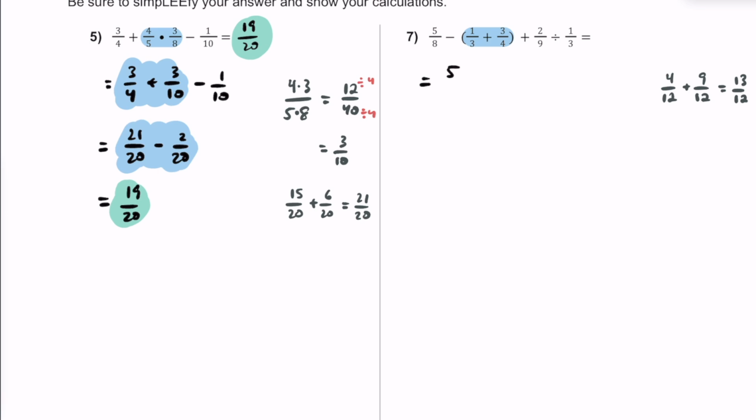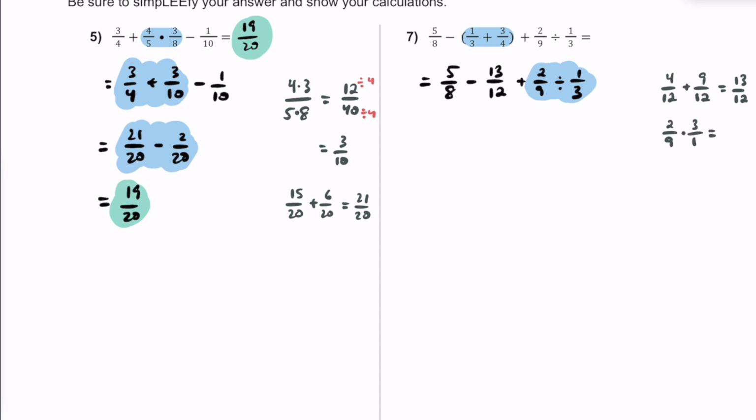So let's go ahead and write this down. We have 5/8 minus 13 over 12 plus 2 over 9 divided by 1 over 3. Next, let's take care of this division. So this is a division problem. We should keep, change, and flip and turn it into a multiplication problem. So it's going to be 2 over 9 multiplied by 3 over 1.